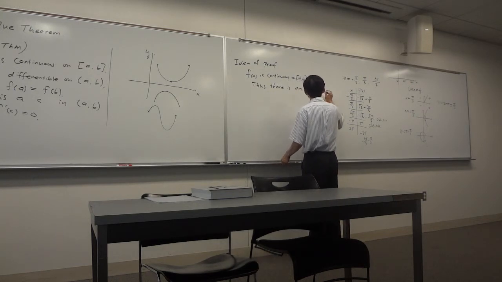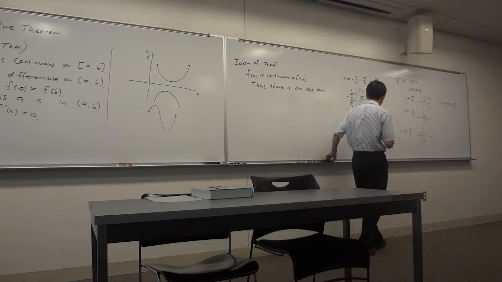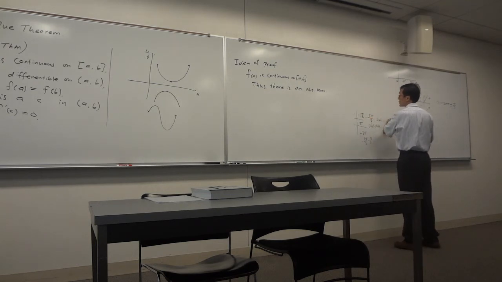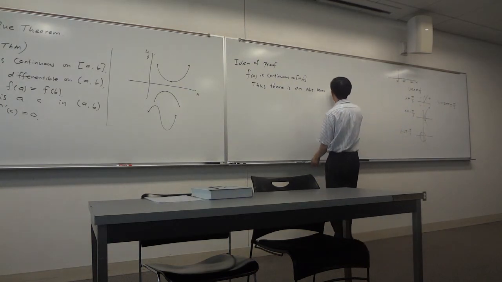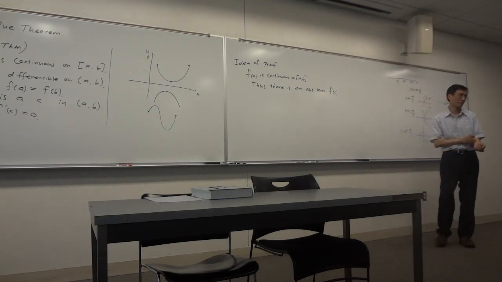Let me just take the absolute maximum. Let's give it a name. We can just say f(c). Let's call it f(c). Well, the hope is that f'(c) will be 0.